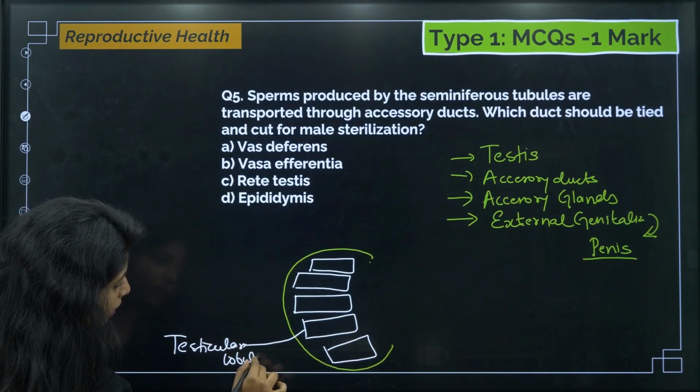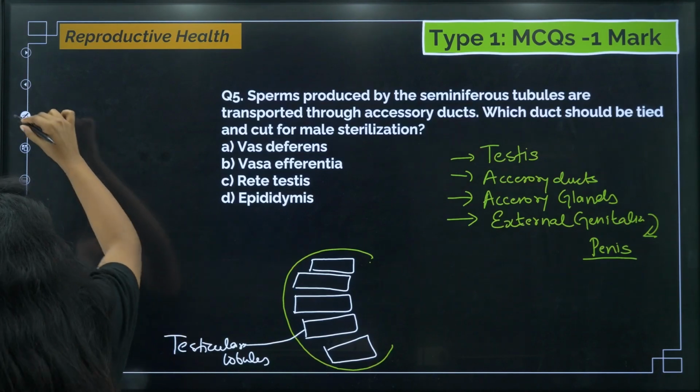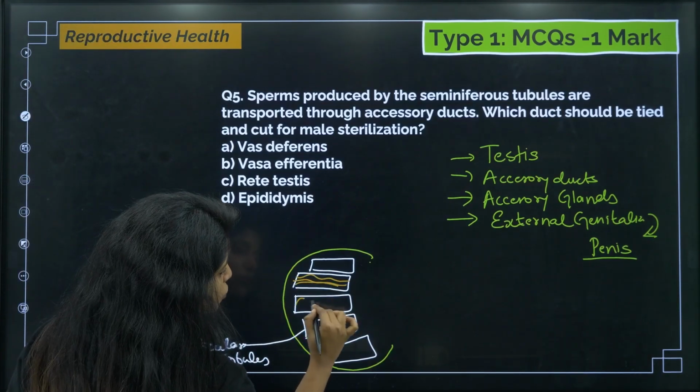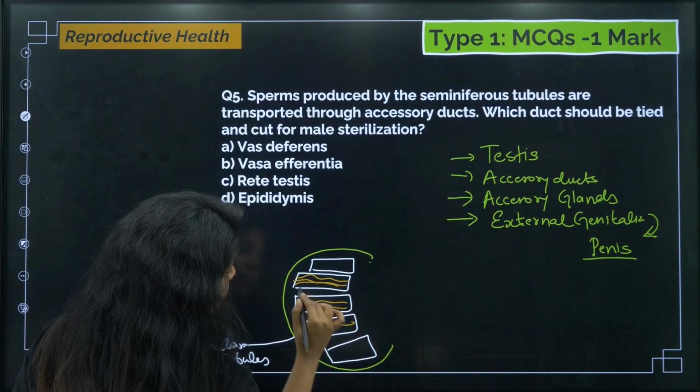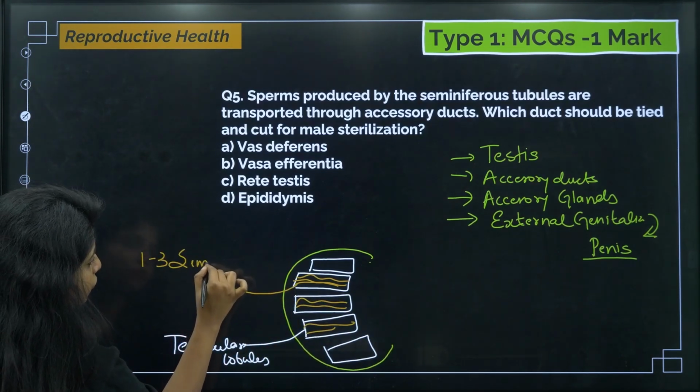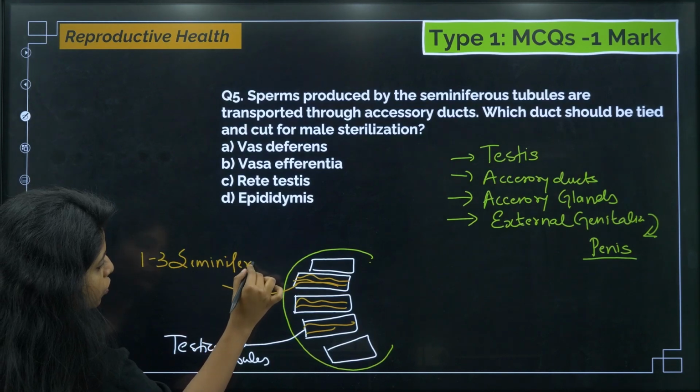TL, team lead, you can remember like that. Now inside the testicular lobules you have so many, 1, 2, 3 seminiferous tubules. What do you have, children? 1, 2, 3 seminiferous tubules.